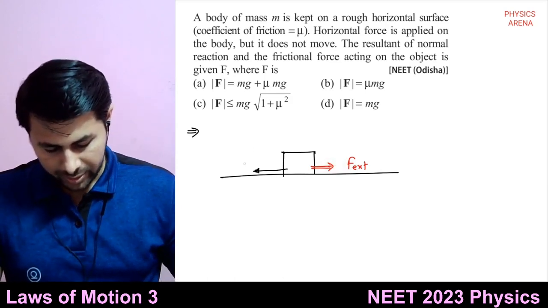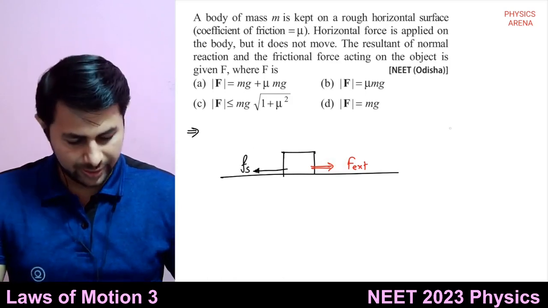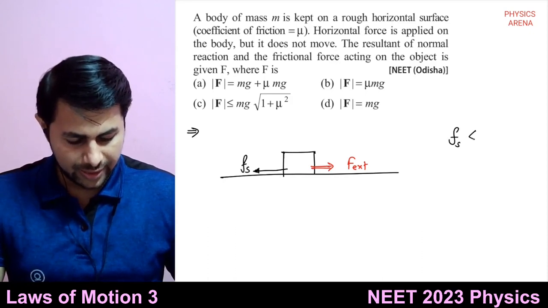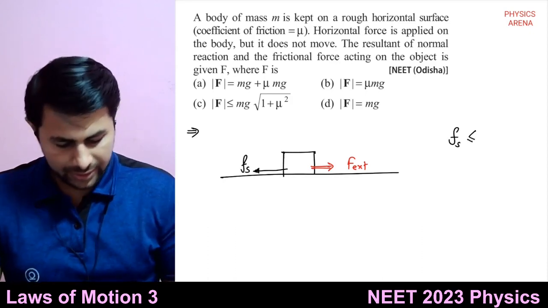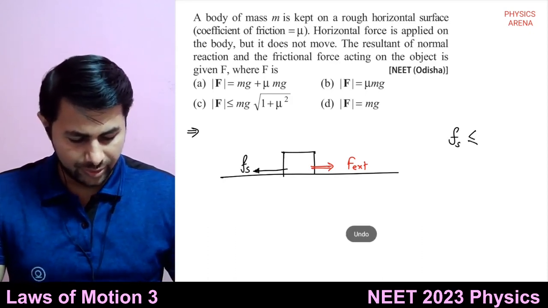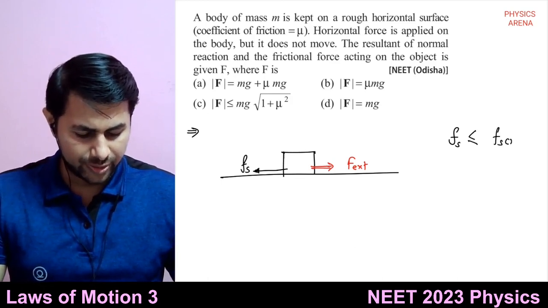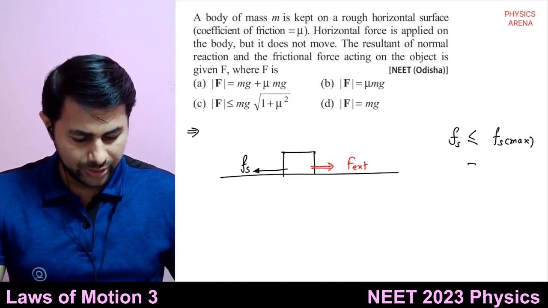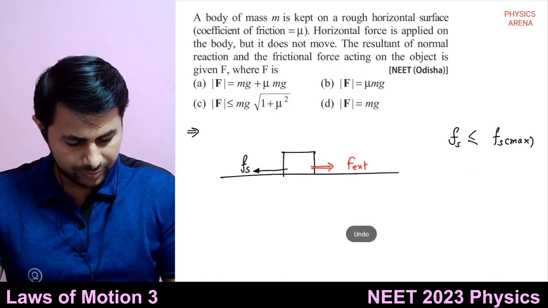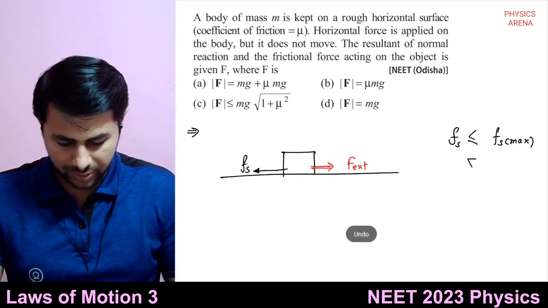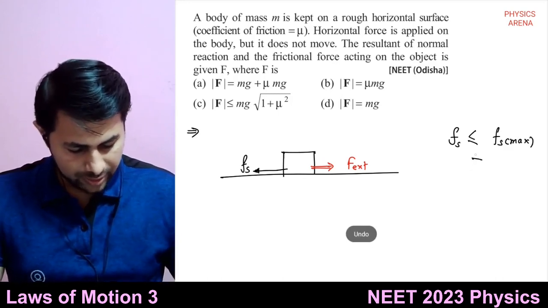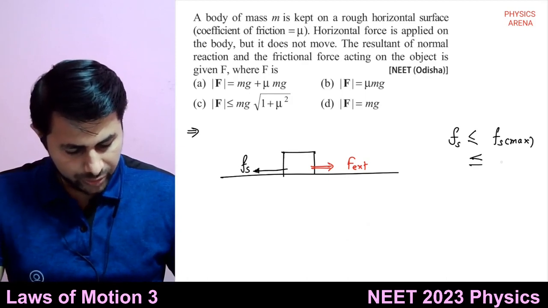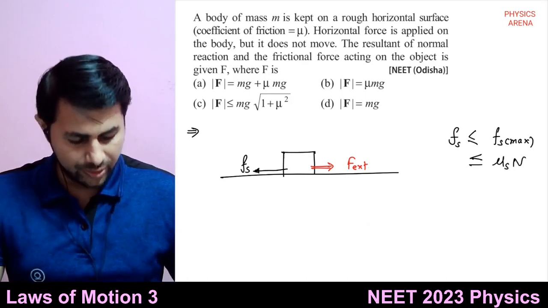Okay, so this is Fs. Fs is less than the limiting value of the static frictional force, which is mu s multiplied by normal reaction.